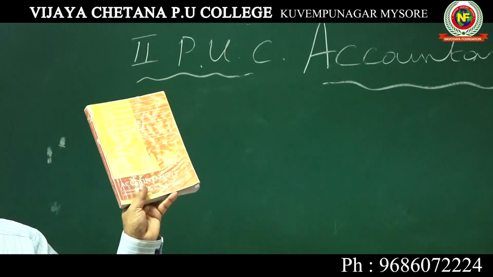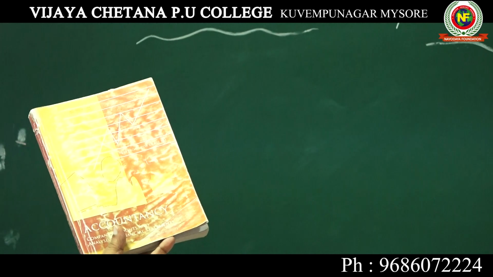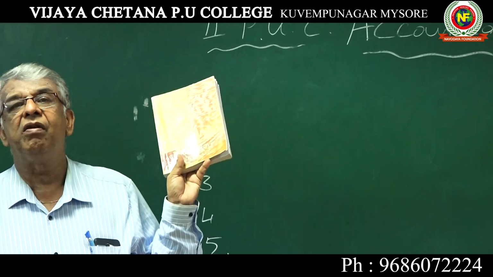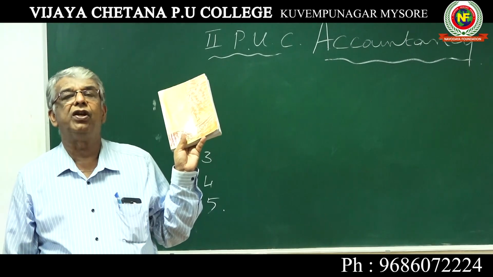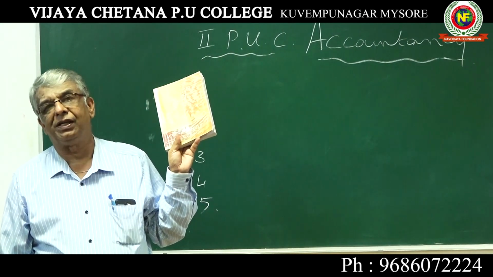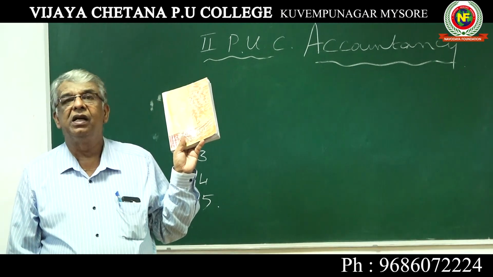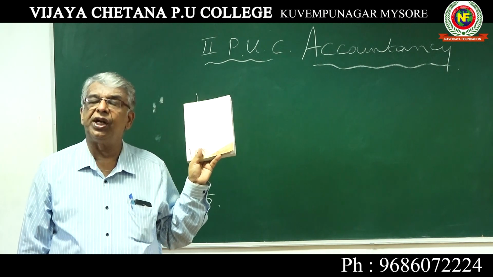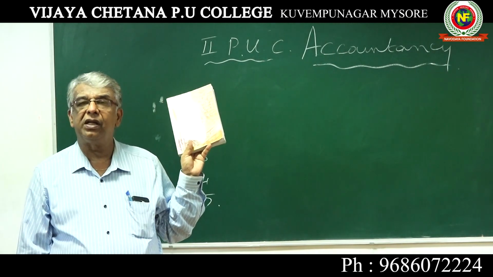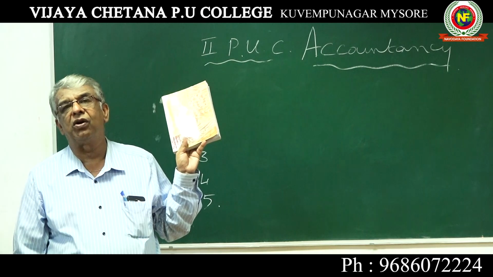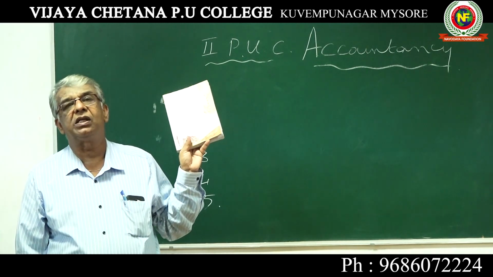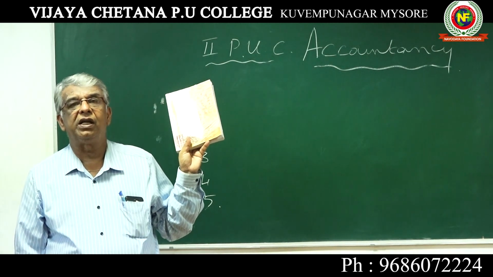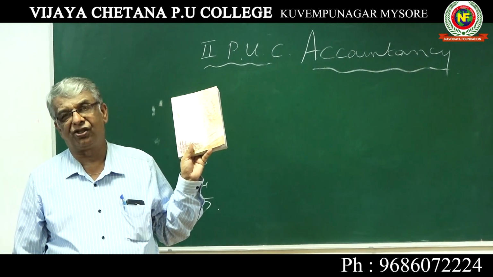Again in this we have different chapters: financial statements of a company, and secondly analysis of financial statements. The third chapter in this second book is accounting ratios, and then cash flow statements.